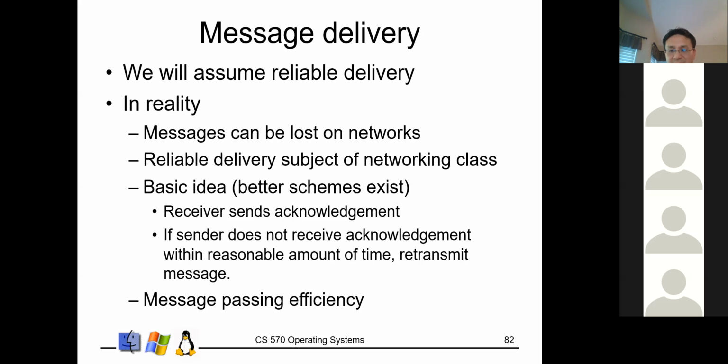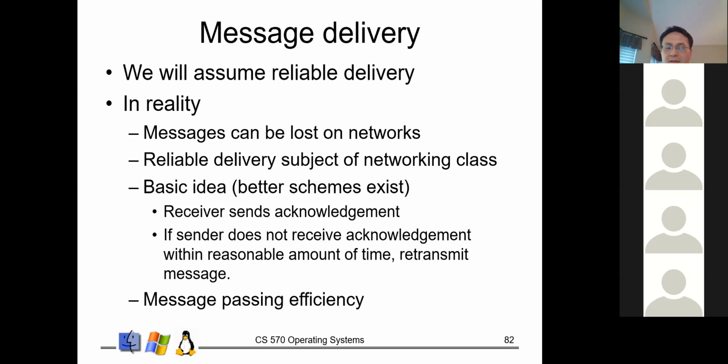In that case, the sender eventually will retransmit the message again, and then the receiver would get a duplicate message because of this retransmit. So how should the receiver process that duplicate message?